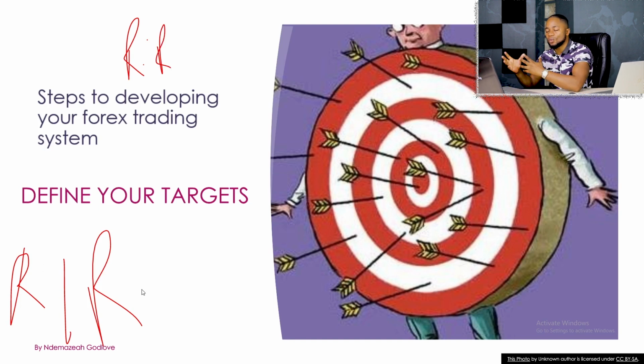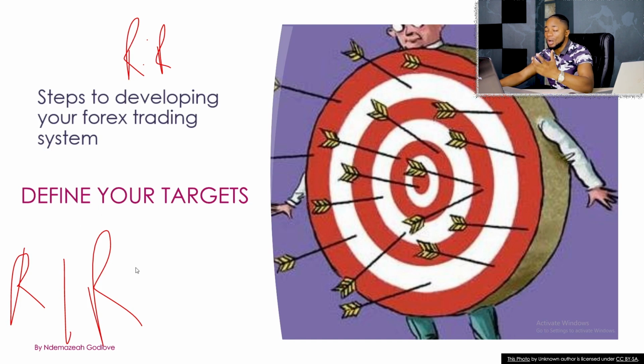So what is the risk to reward on that particular trade? How many pips are you targeting? How many pips will you comfortably say, okay, this trade is a good day, I'm going to end at this point? Or if the market doesn't go your way, at what point are you going to be exiting that trade? That is what I'm talking about, risk to reward, and that comes in when you are defining your target.